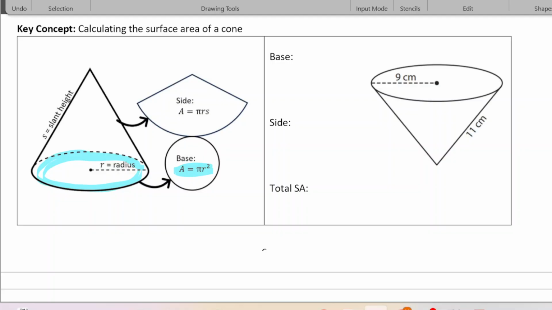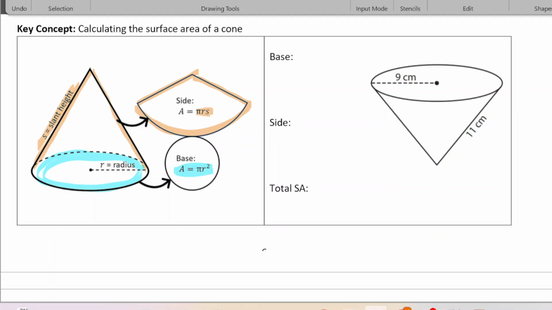And then there's kind of the slanted area. And this length here, we called it the slant height because it's kind of a slanted height. So it's S for slant height. So the area of this, if you kind of unwrap it, it kind of makes a section of a circle. And the formula is pi times radius times slant height.